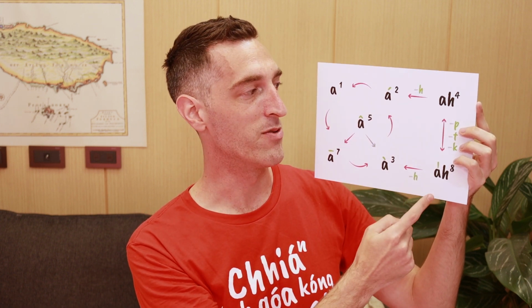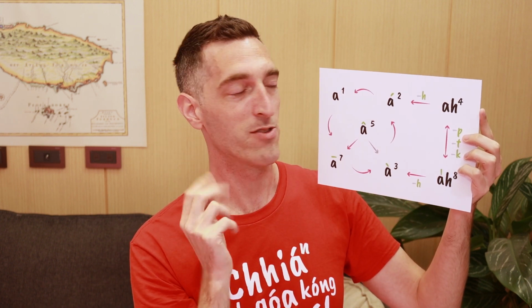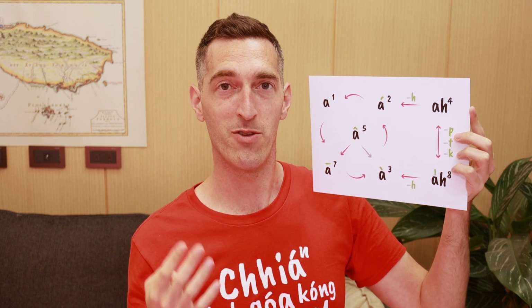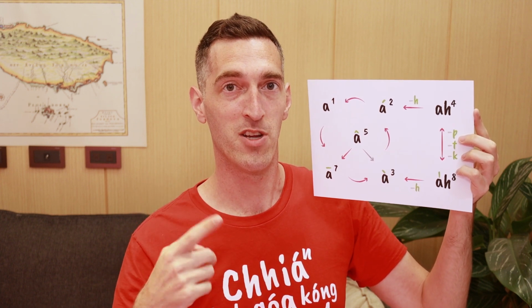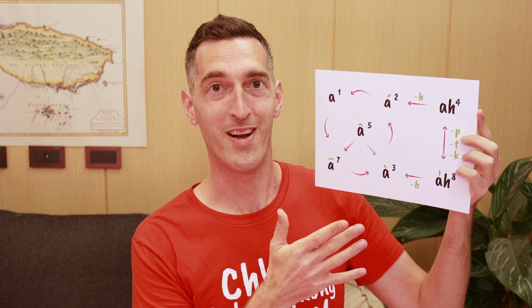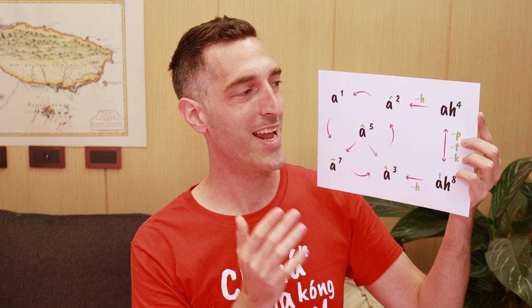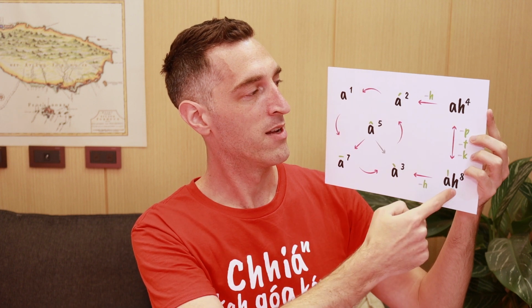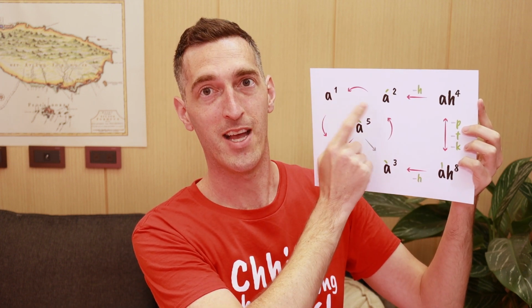Now you'll see over here we've got the 4th and 8th tones, and these are split into 2 different kinds. Remember, we've got those 4 stop sounds, the H and the P, T, K. If we have a 4th or an 8th tone that ends with an H, we're going to go this way. From the 4th tone ending in an H, we're going to go to the 2nd tone.